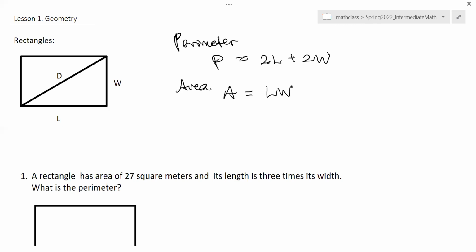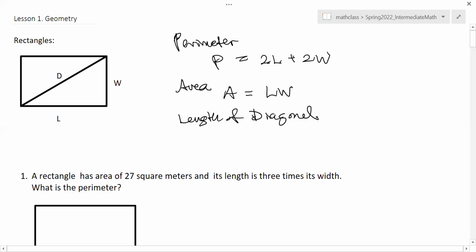Now, another one is called the length of the diagonal. The length of the diagonal we denote as D. You have to use the Pythagorean theorem to find it, because the diagonal is the hypotenuse of the triangle.